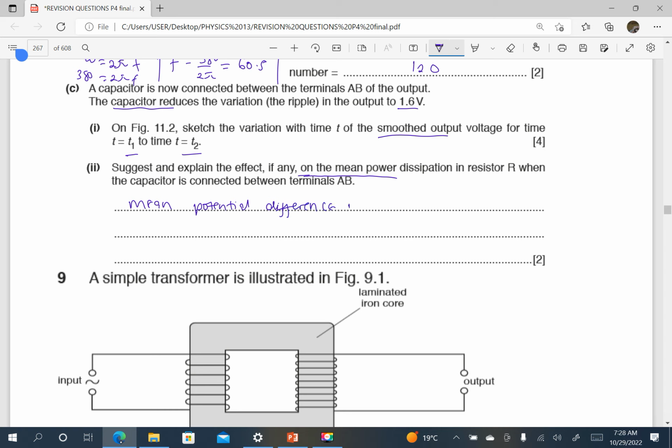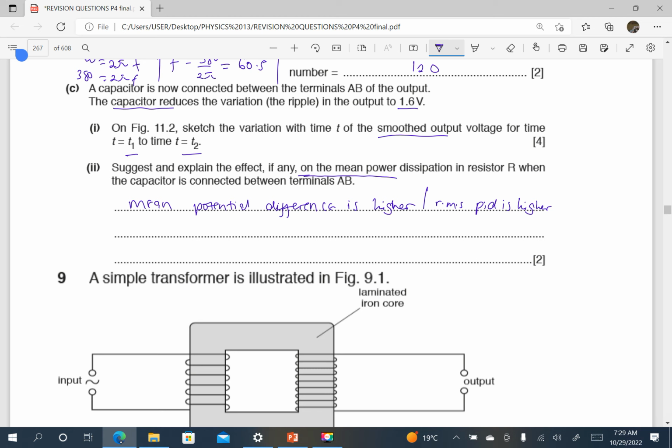This could actually be the root mean square. The root mean square value of PD is higher, and that means the power increases.